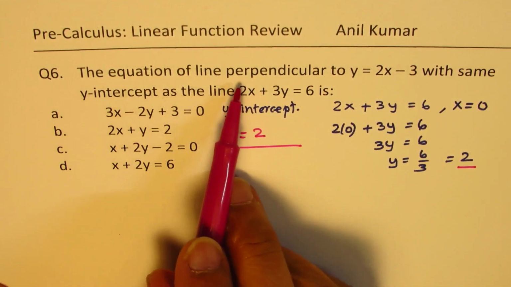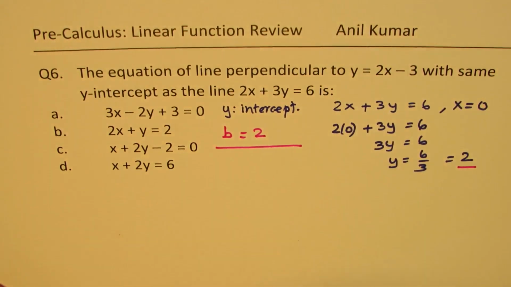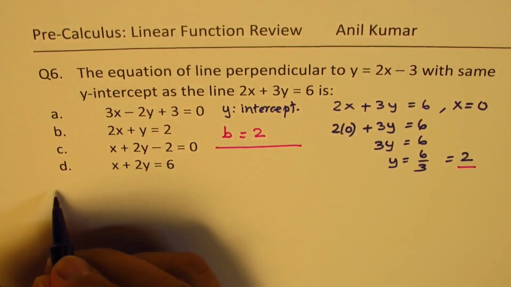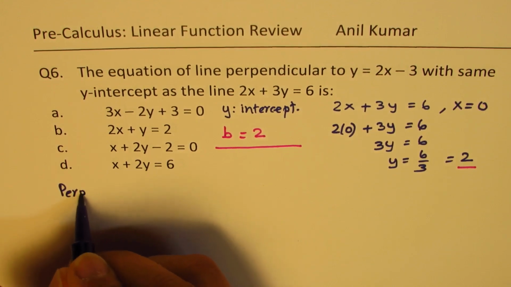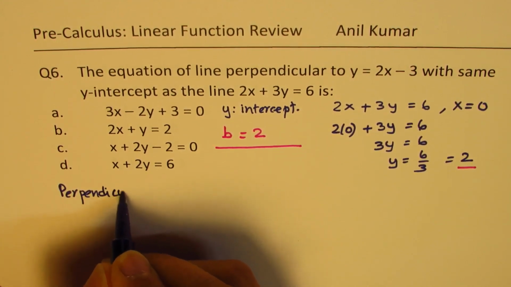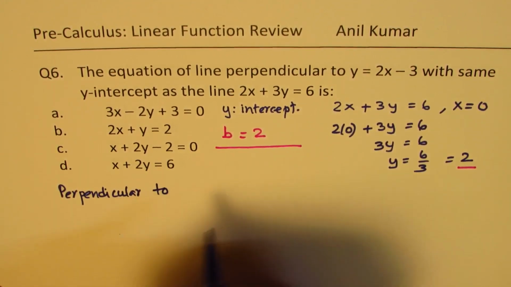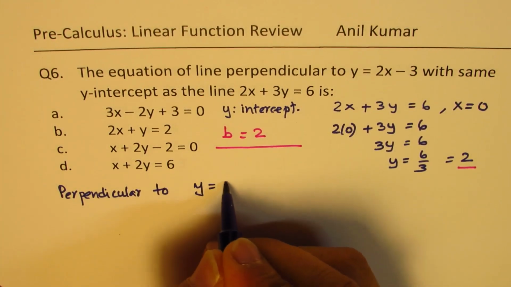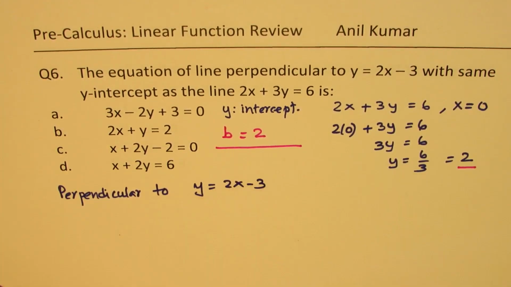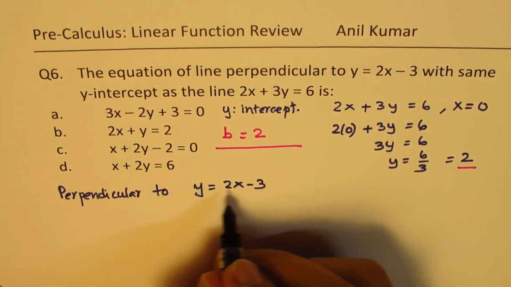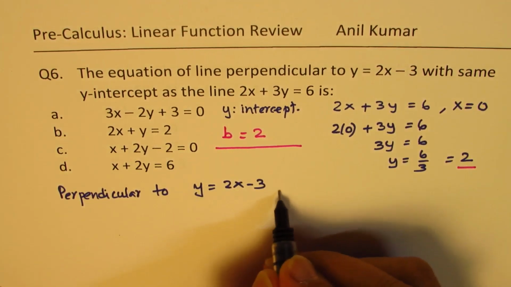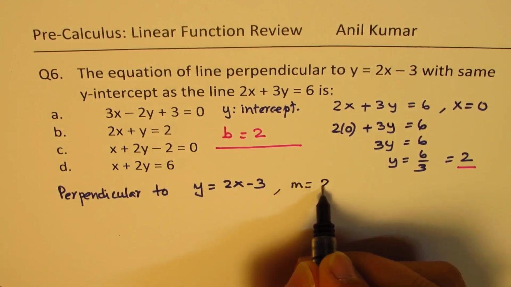So that is the y-intercept, right? So we want to find the equation of a line perpendicular to, now the second condition to us is perpendicular to the line y = 2x - 3. So in this case, we know the slope m is equal to 2, right?